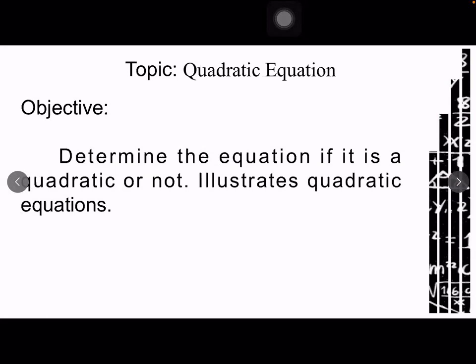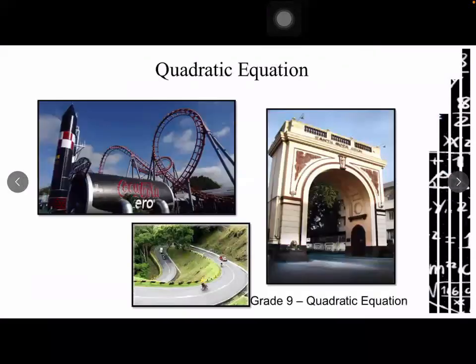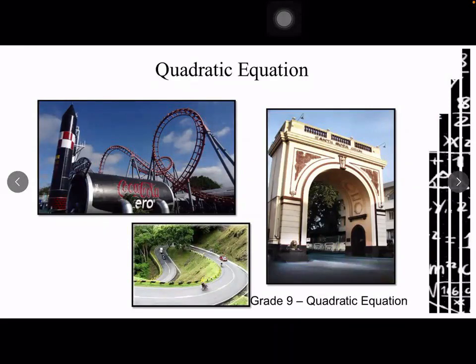So before we proceed to our main discussion, let us first look at some pictures. As you observe in these pictures, what do you think is their commonality? Okay, that's right. They have a common word: curve.